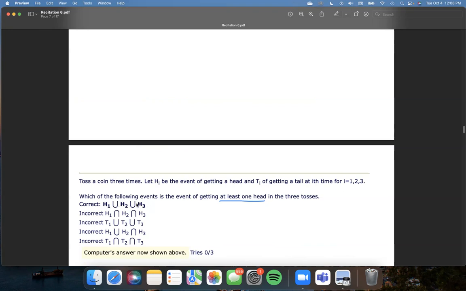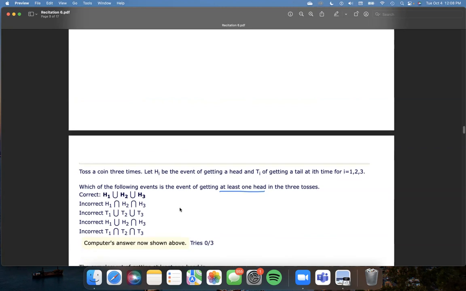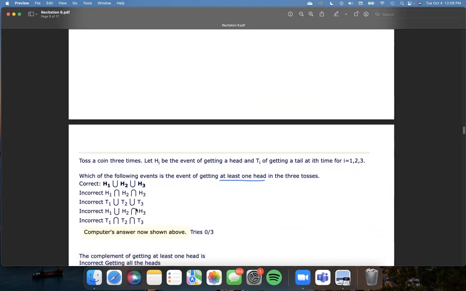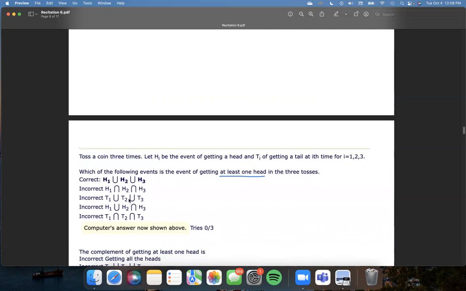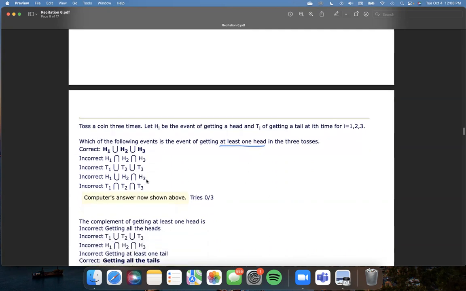That's why these are all unions, because you can think of them as an or situation as opposed to an and. And we wouldn't have any tails in our answer, because we're interested in getting at least one head in the 3 coin tosses.